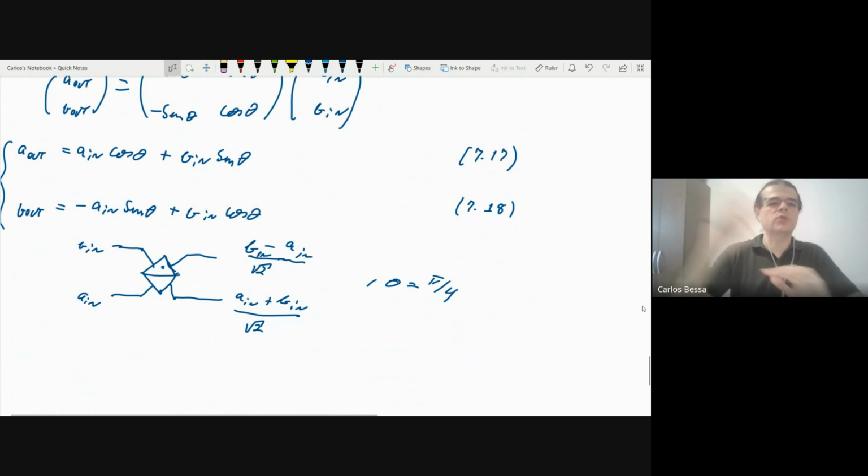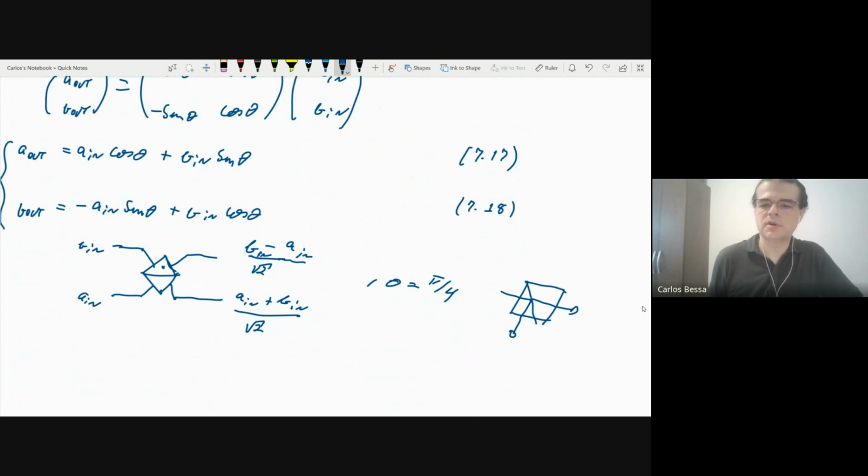I think this picture is much simpler. We have incident and reflected, transmitted and reflected, right? Depending on which coordinates we choose, this would be the incident, the in. This is the reflected. This is transmitted.